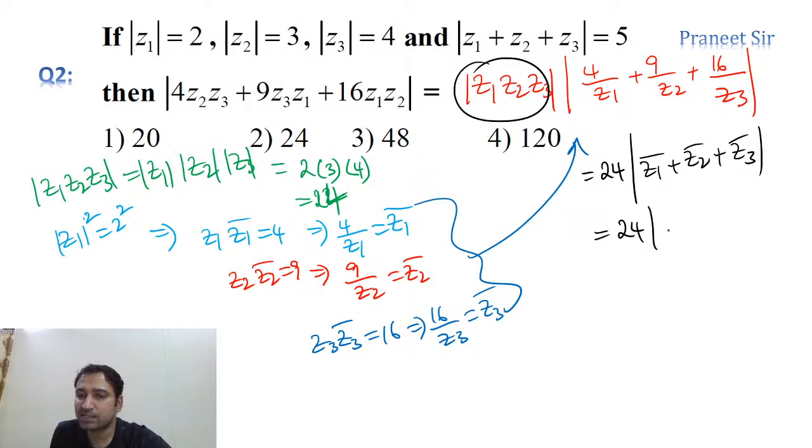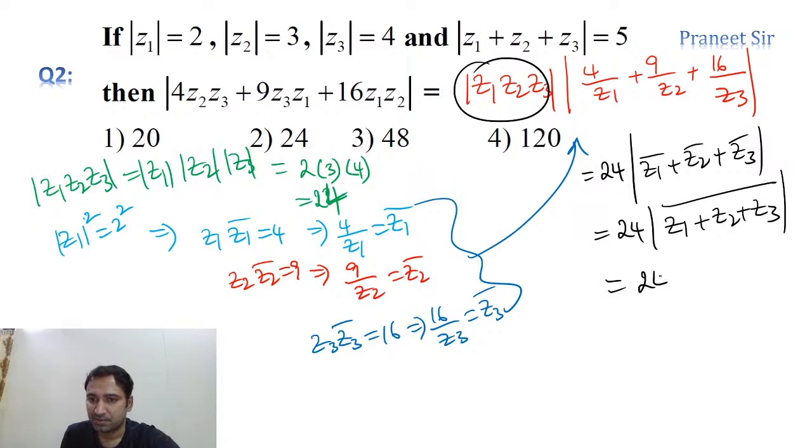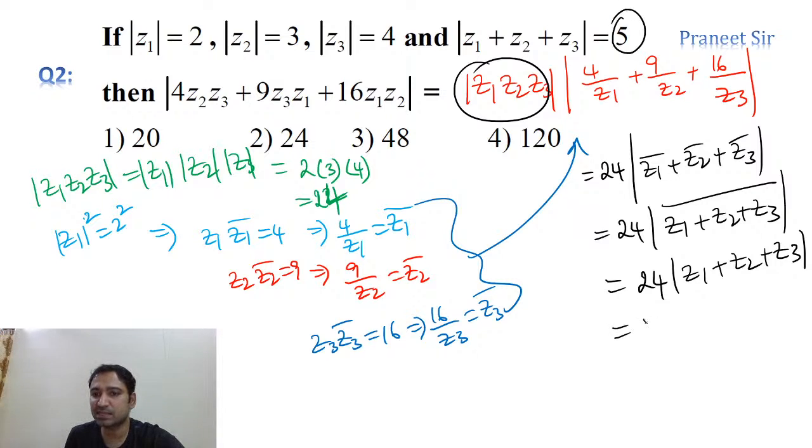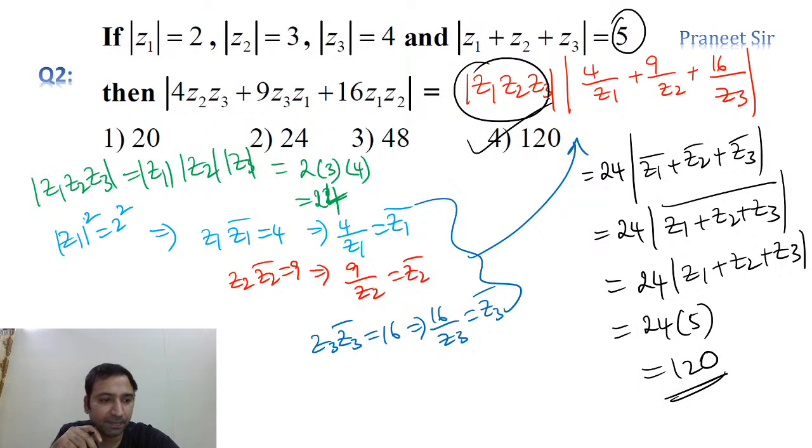Can we write it as |(z1 + z2 + z3) whole bar|, the whole conjugate? But the modulus of z and the modulus of z bar are the same. This value he already gave. What did he give? 5. So let's substitute 5 here. 24 into 5 is equal to 120. So 120 is the answer, guys.